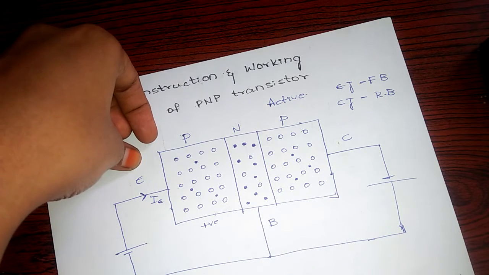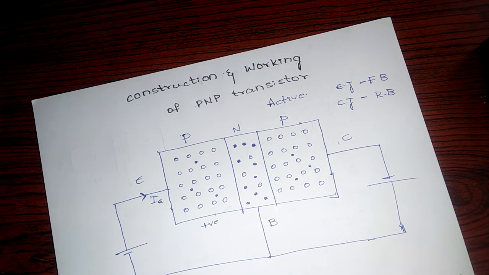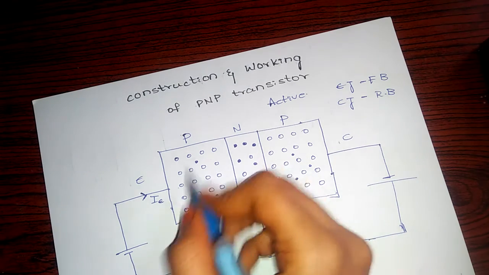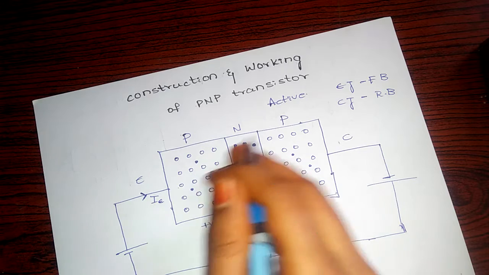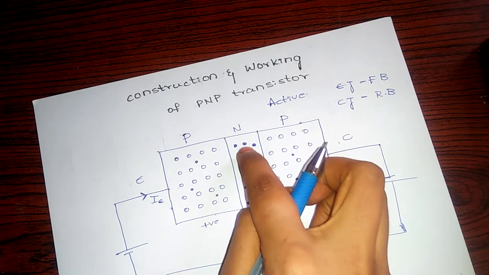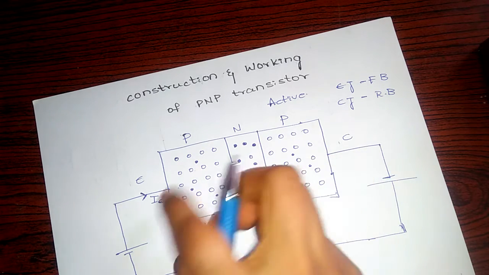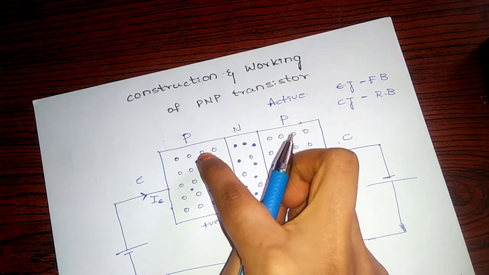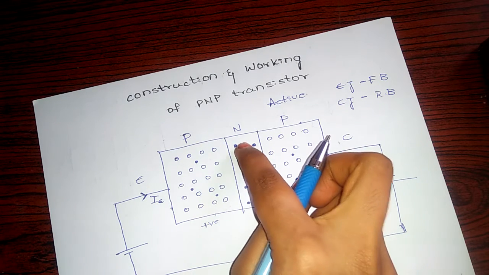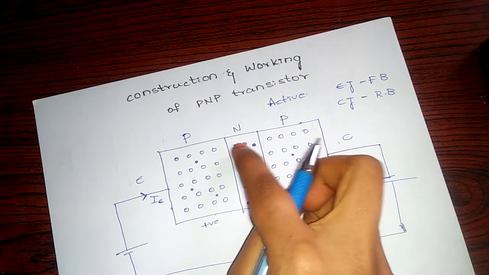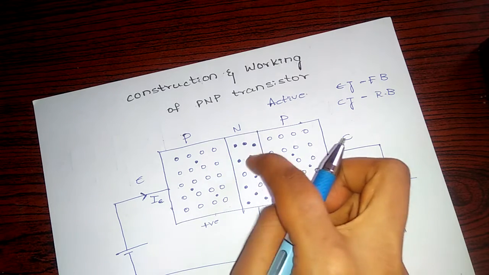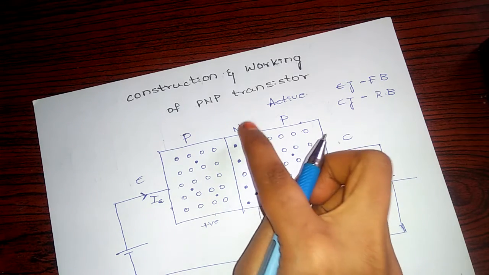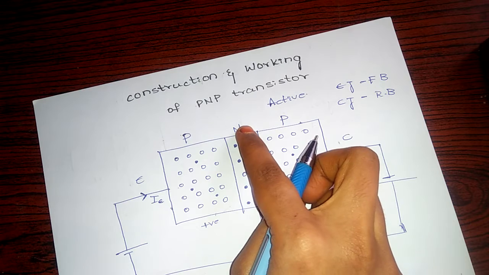Okay, and then, while these holes are crossing to this side, here these electrons tend to move towards the P regions. While moving, electron and hole recombination takes place in these regions, as the base is very lightly doped.